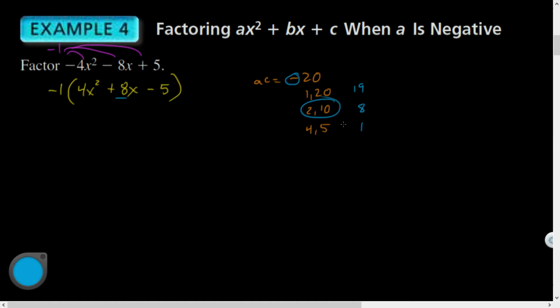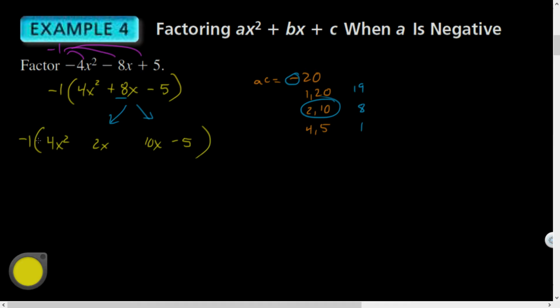If I don't ever find the factors, that means that it's not further factorable, okay? Just so you're aware, if it just doesn't work out. All right, so split this B term into 2 like terms. This negative 1 is going to be way on the outside here, still. Okay, so negative 1, way on the outside. I'll have 4x squared. 8x is going to be broken into a 2x and a 10x, and then minus 5 still hanging out.